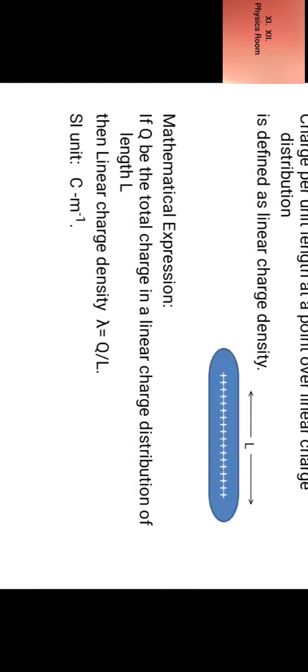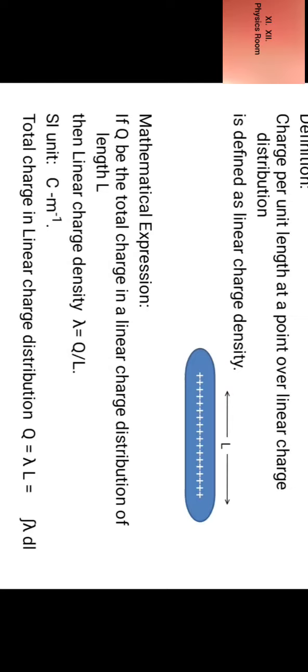Now, the total charge in a linear charge distribution, Q, will be equal to lambda into L, or the integral of lambda dl. So this is how we understand the definition and mathematical expression.